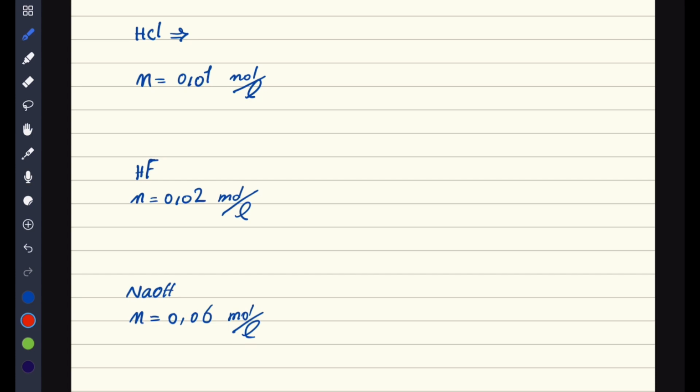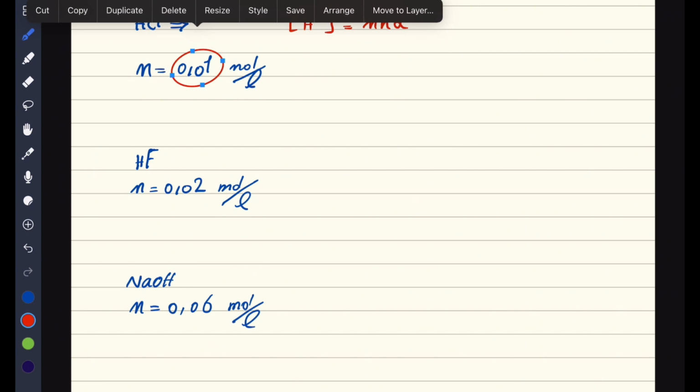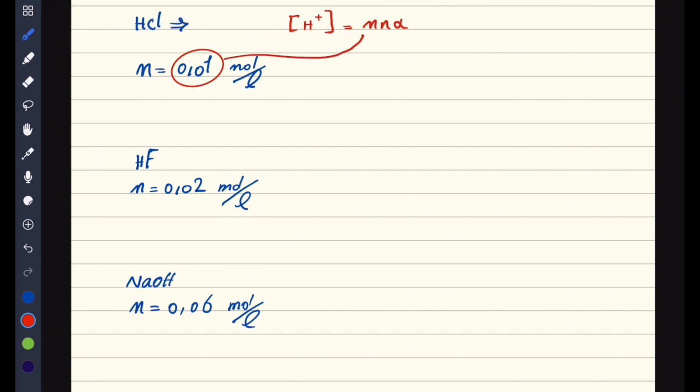Acid and base problems are divided into two categories. The first category is the questions that give the concentration of the acid and ask for the proton ion concentration and pH. To solve these questions, first of all, we calculate the proton concentration according to the formula we mentioned in the previous video.